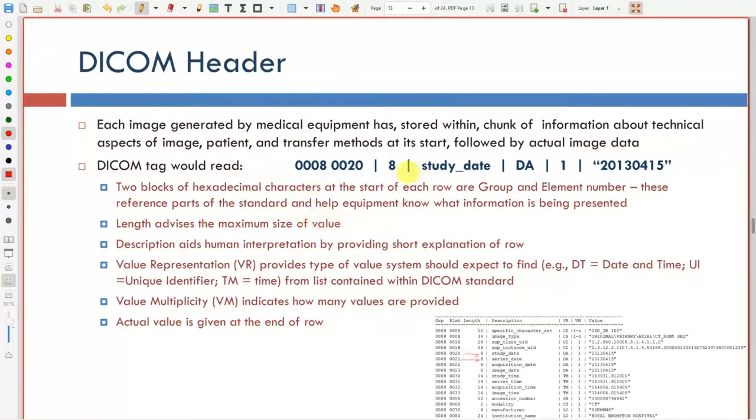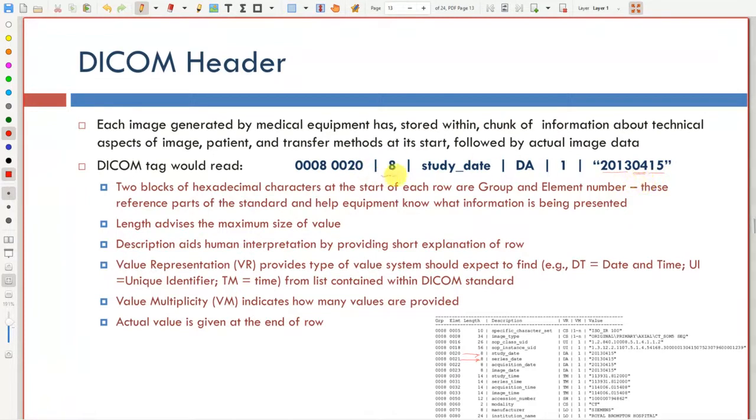So you usually have a human readable form of the command itself, okay? Or that particular header, or the particular tag, okay? So you have a numerical code, you have a human readable code, and at the end, you have the data itself for that particular tag, okay? So for example, the study date, you have the year, the month, and the day.